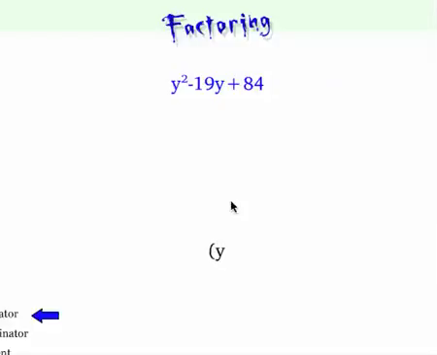So Y minus 12, and Y minus 7. I want you to notice here, if this is positive, it means that they're both the same sign. Doesn't necessarily mean they're both positive. This number is negative, meaning they added together to give you negative 19. Only negative numbers can add up to give you another negative number.